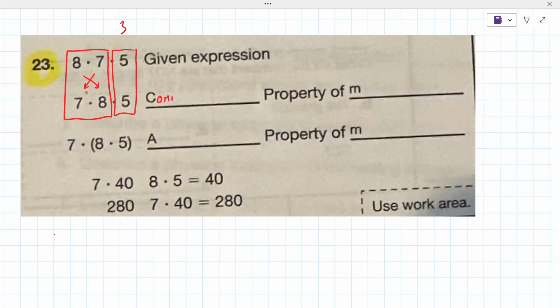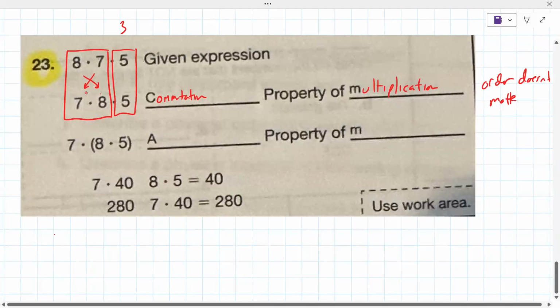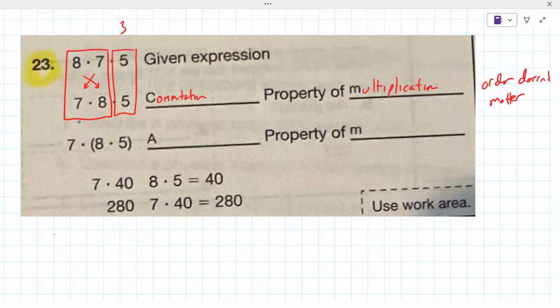That is the commutative property of multiplication. So you want to think of the commutative property as order does not matter. Is that okay? Mm-hmm. All right.